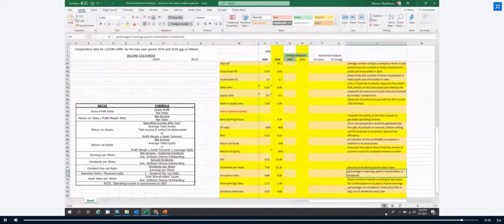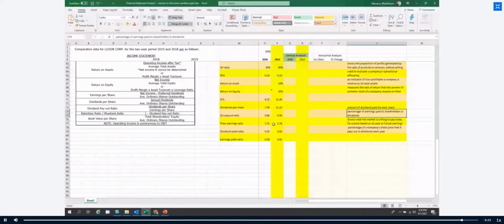And finally, we're down to our final two. Final two is dividend yield ratio. Remember, your dividend yield ratio is calculated by dividing your dividends per share over your market price of 18. Ayan, it's also given in the problem.